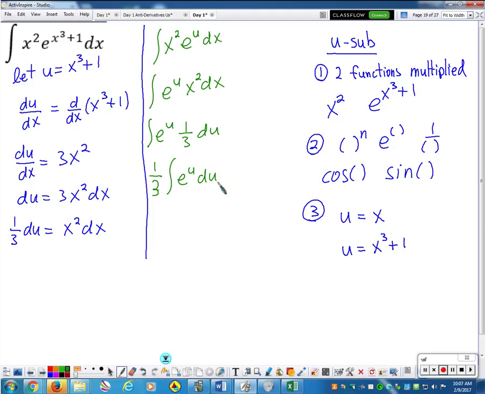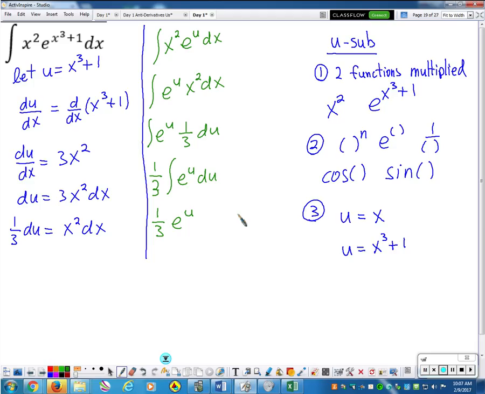Heidi, please. And then you use one of the rules, and you get 1/3 e to the u plus c. Nicely done. I'm going to save the C, just because I remember that eventually there's got to be a number there, but I don't really want to write it 6 times. Please, Brady.